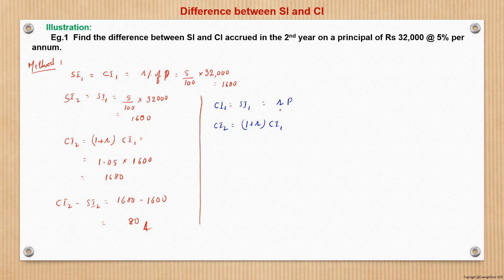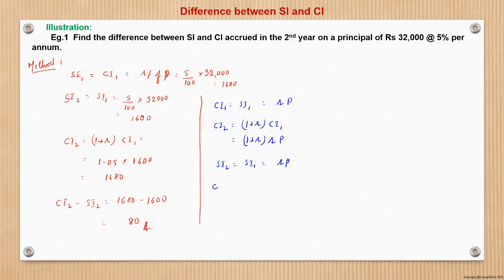R is in fraction, right? So if it's 5%, 0.05 into P. So this we can further write as (1 plus R) times R into P. And SI2 will be the same as SI1, which is R times P.